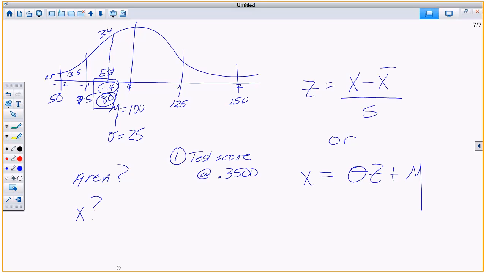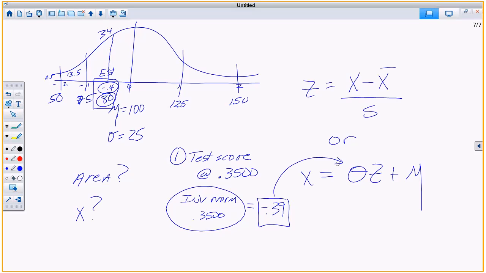All right, so first you have to have a z-score. Somebody take your calculator and type in inverse norm 0.3500. What do you get? Negative 0.38. I got negative 0.4. What'd you say? Negative what? 0.39. Now take that, plug it in here.